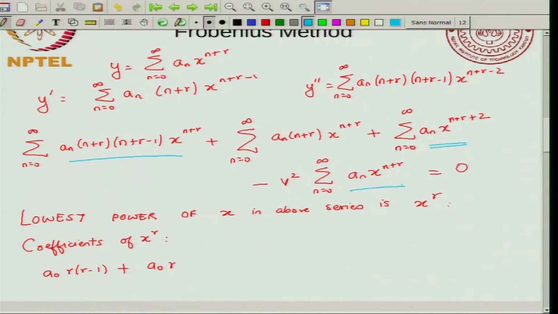What about this last term? The last term will contribute to x raised to r. That will be minus v square a 0 x raised to r, and this has to be equal to 0. This is what is called the indicial equation.